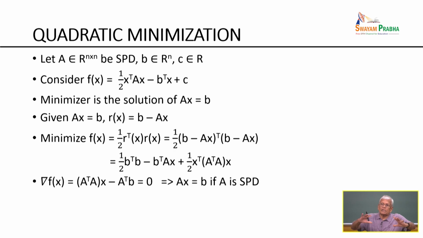So, having established the power of A-conjugacy, now I am going to go back to my quadratic minimization problem. Please understand how we got here. We had a good algorithm in the gradient method, but we soon realized it can be very slow. It works very well more often than not, but there exist problems where it can be very slow.